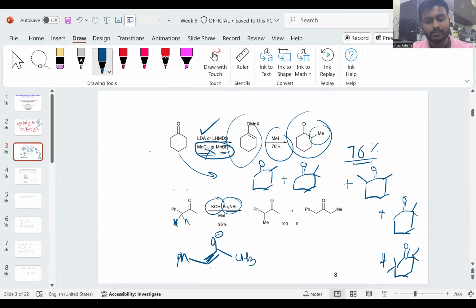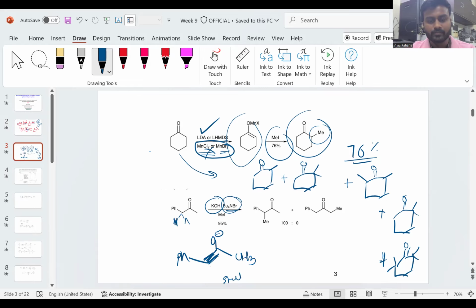So this double bond, which is the tertiary double bond, has higher stability compared to this other double bond. So that's why the enolate formed is the tertiary enolate.